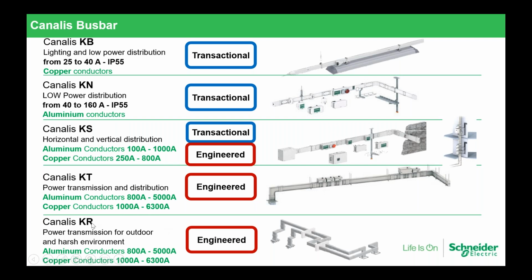And if you need, as I said, an offer for outdoor or for harsh environment, we have KR, which is the cast resin bus bar, with the same rating as the KT, but the main difference is that it's a resin case and is used outdoor. So this is the panorama of Canalis: all the offers, all the ranges that we have, KB, KN, KS, KT, and KR with Canalis in front, and the type of conductor and rating.